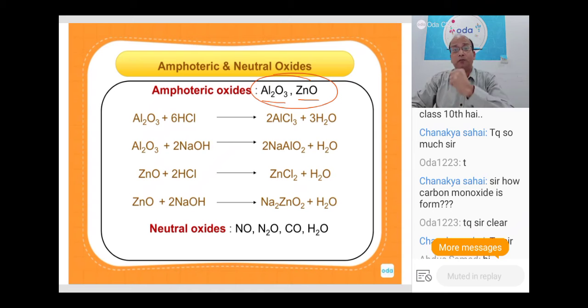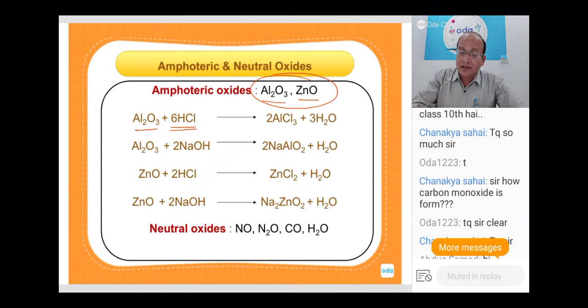So how will we prove that they are amphoteric oxides? Take Al2O3. Amphoteric means the oxide will react with acid and also with base. It will show both types of character. Al2O3 can react with HCl.